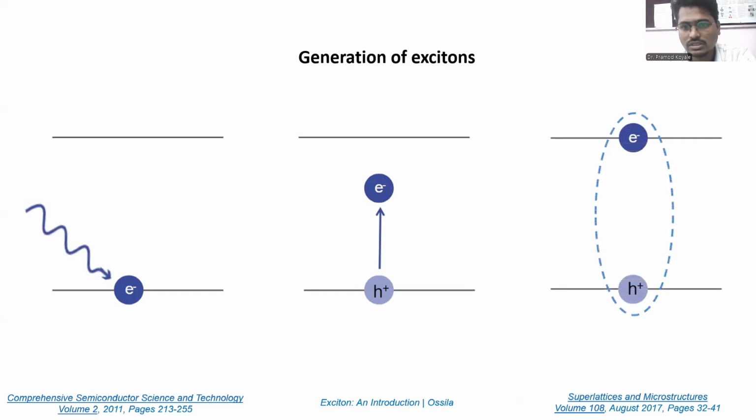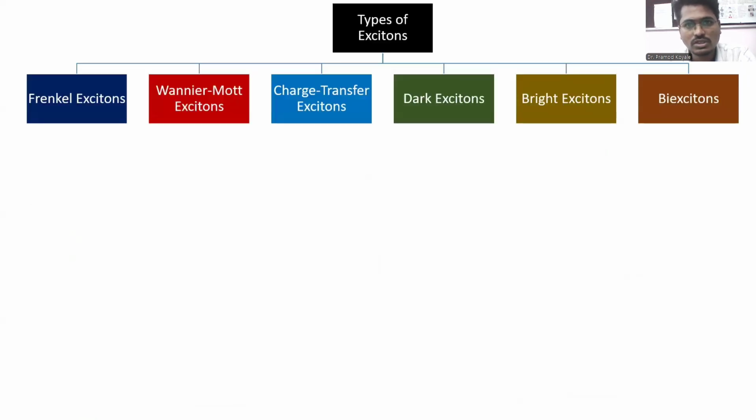So this particular state where the electrons and holes are attracted towards each other forms the state which is known as the quasi-particle. So this is nothing but the excitons, and it is applicable for the different optical processes as discussed in the earlier slide.